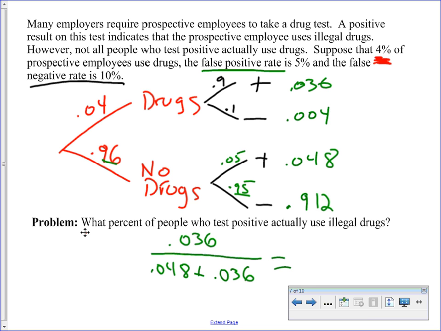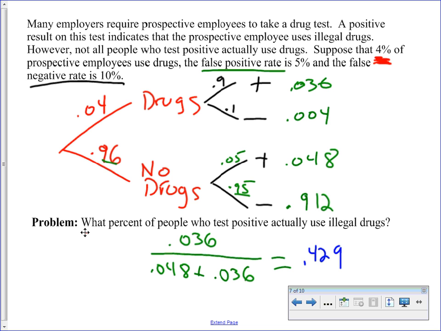And so what we will see is that if we calculate that, we get an answer of 0.429. Or only 42% of the people who tested positive actually used illegal drugs.